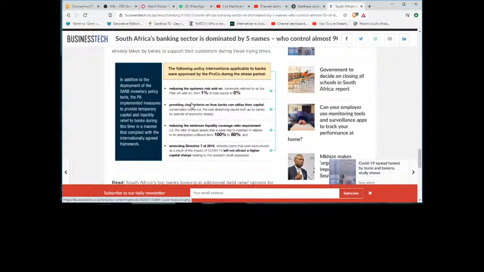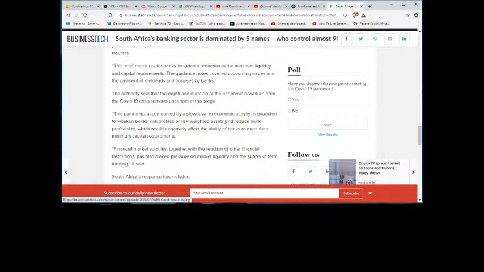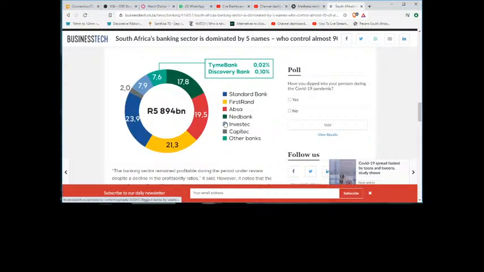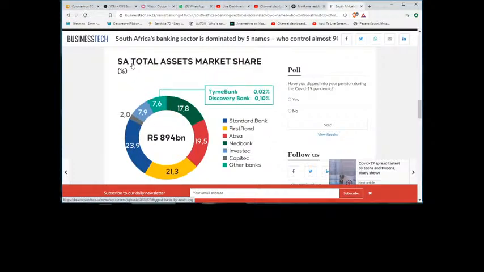Okay, the following policy interventions were applicable to banks were approved by the PRUCO during the stress period. Okay, so that is a particular part of the article that they're now breaking down and giving you in a visual format. Again, doing the same thing with another part of the article, SA Total Assets Market Share.